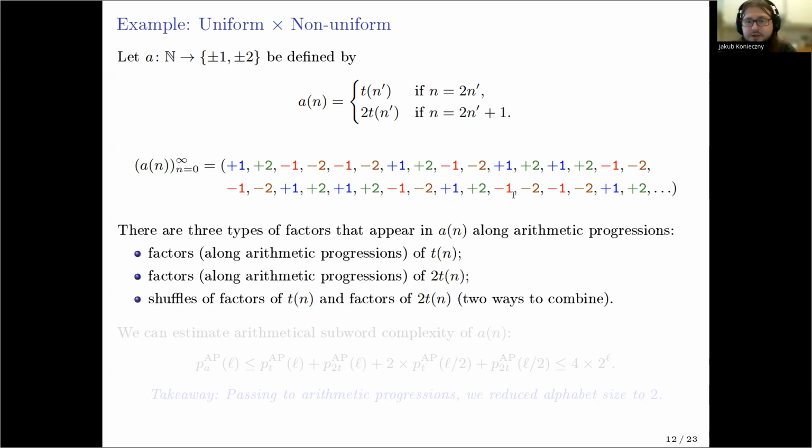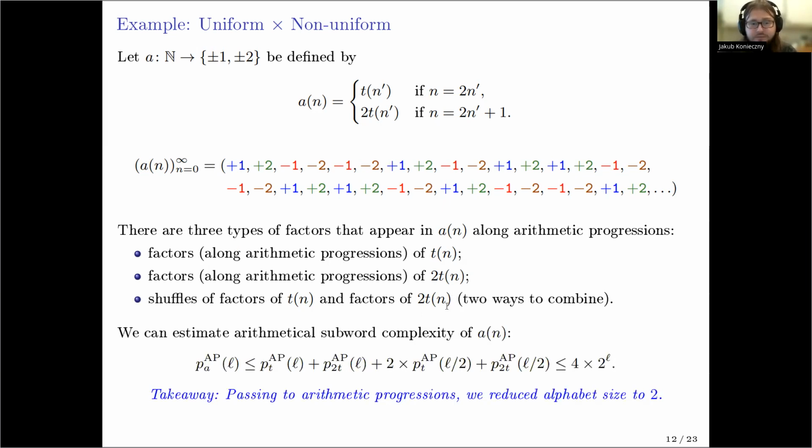And now, if we're interested in factors that appear along arithmetic progressions, there are going to be basically two types of those. First, we have factors of Thue-Morse. Secondly, we have factors of 2 times Thue-Morse. And then we have factors of Thue-Morse shuffled with factors of twice Thue-Morse. And there's two ways in which this could be done. You can start with Thue-Morse or you can start with twice Thue-Morse.